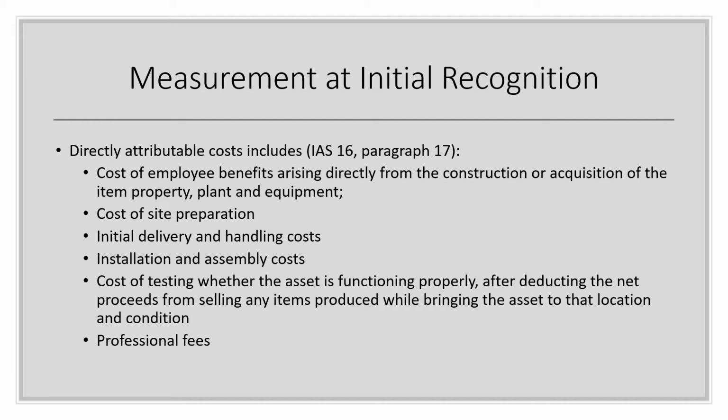After deducting the net proceeds from selling any items, take note, produced while bringing the asset to the location and condition. So you remove some grass, but the grass is saleable, for example. By removing the grass, you incurred, for example, 10,000 pesos, but some of the grass can be sold for about 2,000.